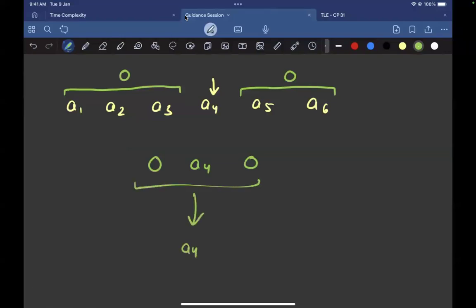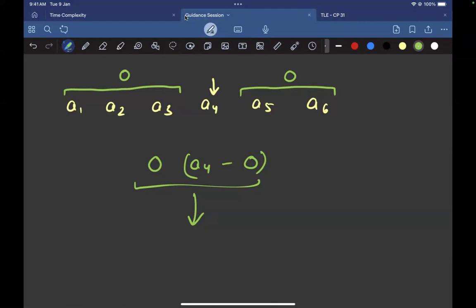How? Just do A4 minus 0. Then your array would have turned to 0 and A4. Then do A4 minus 0, taking i and j differently, and that would also result in A4 minus 0, that is A4. So can we guarantee that you would be left with A4 only? Yes.